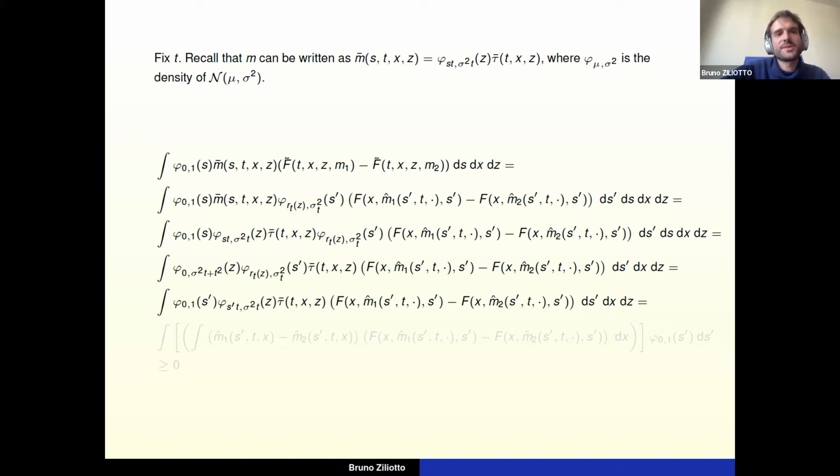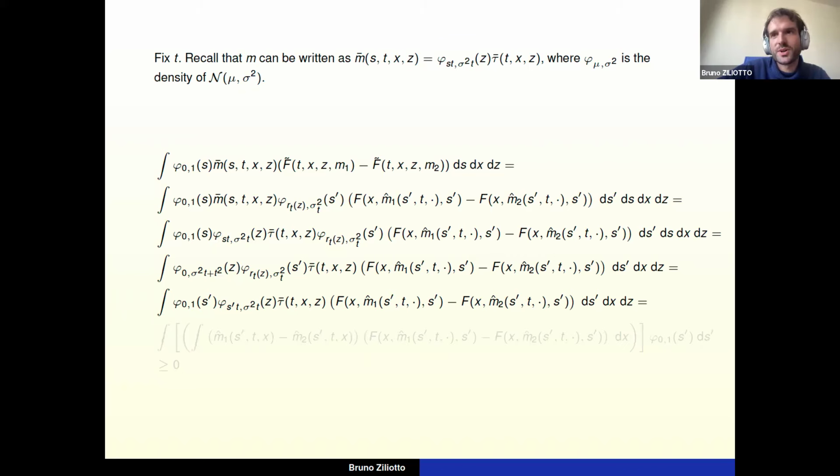And now I'm very happy because I have a phi of S prime, and when I multiply my phi_{s prime, t, sigma squared t} by tau bar, then I recognize M bar evaluated not at S but at S prime. And I'm very happy because then I know that I will be able to apply the monotonicity condition.